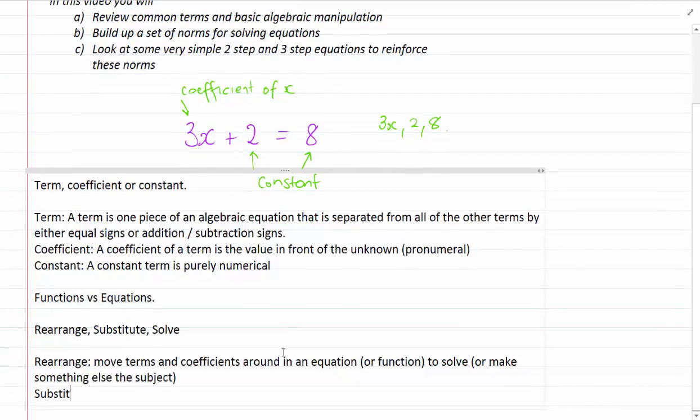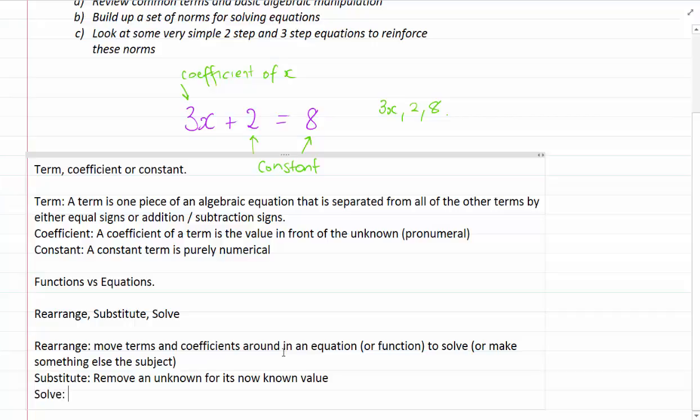You may be asked to substitute, in which case you're usually given or can work out the value of an unknown, and you'll remove the unknown and place that value in its place. If you're asked to solve, you are being asked to rearrange an equation to get the unknown by itself, and that will help you calculate what it's equal to. So to solve is to work out what the pronumeral, the unknown, is equal to.